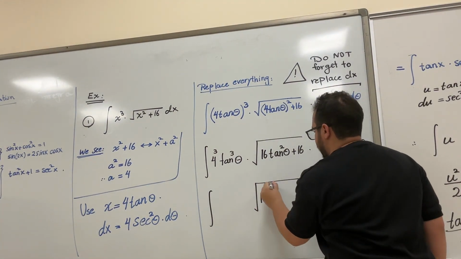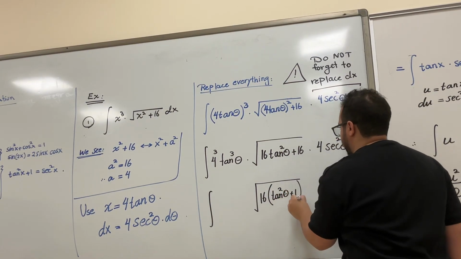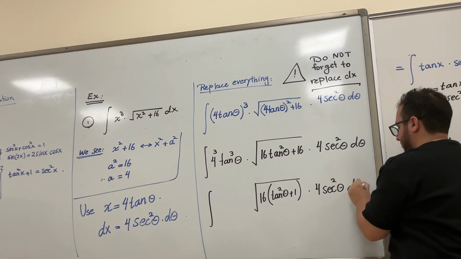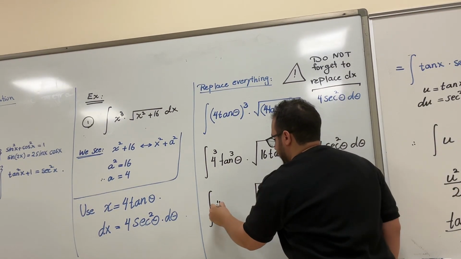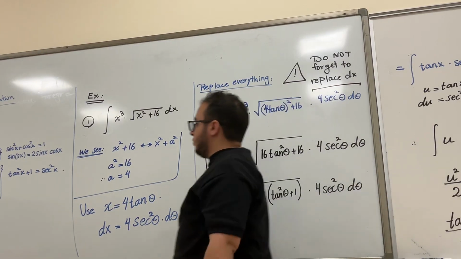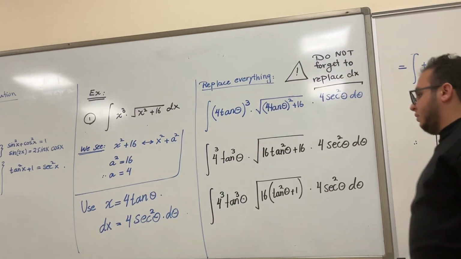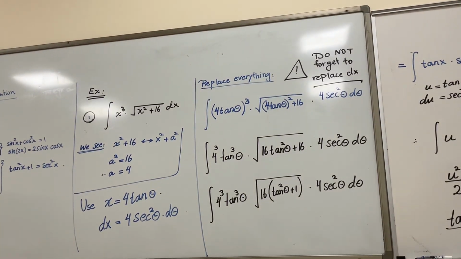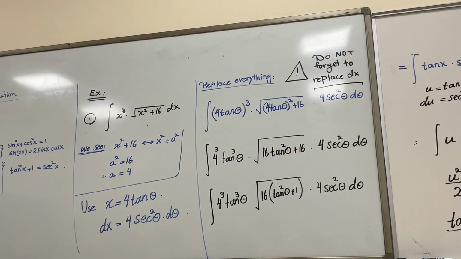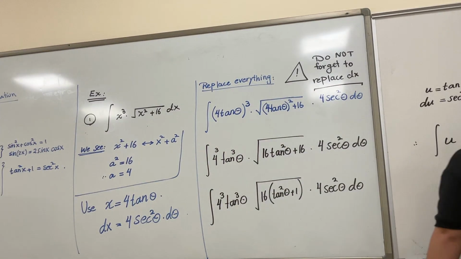So 16 times tan squared plus 1. What is tan squared plus 1? Secant squared. As we said, we will end up with something that is related to this identity. So I can replace the tan squared plus 1 with secant squared.